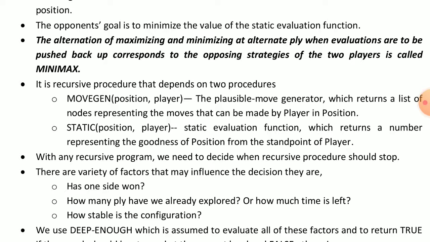Now in the definition we can start with minimize and maximize alternation. If some numbers are given, then we can find the minimum number and maximum number.